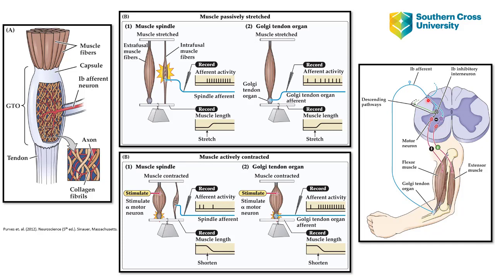Not only that, but we also have this ability to modulate or even excite the antagonist muscle. So again, the opposite of what happens with the stretch reflex. We get inhibition of the agonist muscle and excitation of the antagonist muscle. Why might we be doing that?